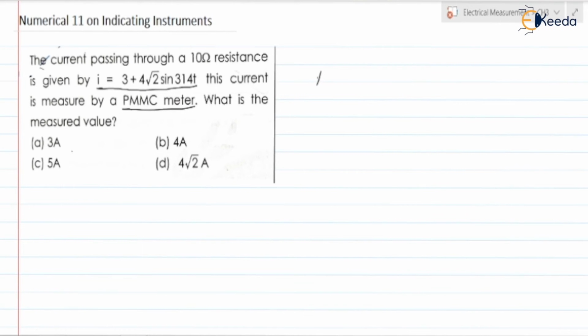So we are having a PMMC meter. If you check, in a PMMC meter we know it measures only the average value.